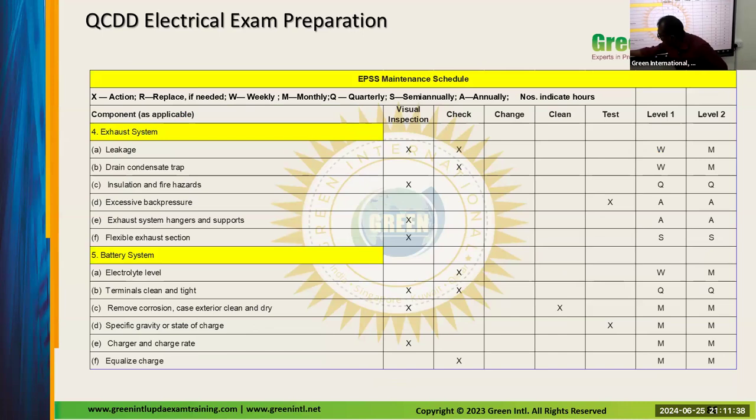This question is frequently asked in that exam: specific gravity or state of charge, the test. So level 1, on a monthly basis we need to check that. By this way we find the answers.